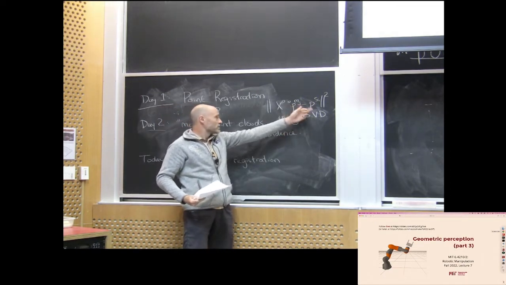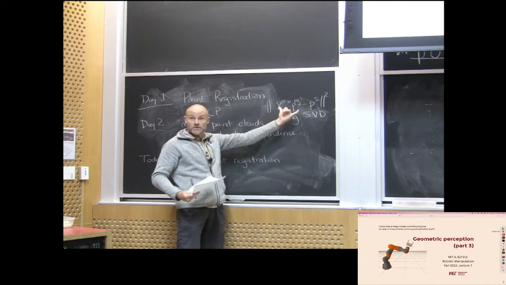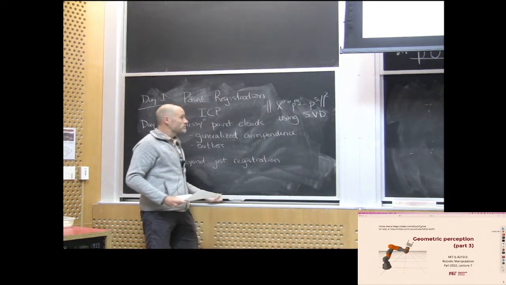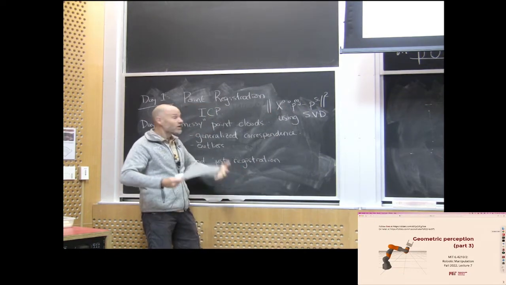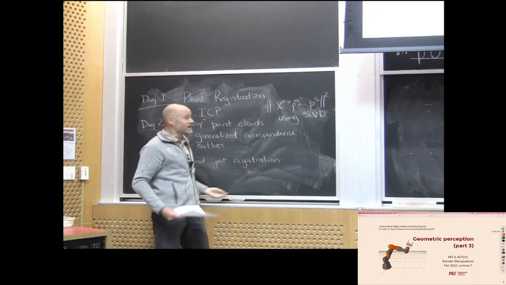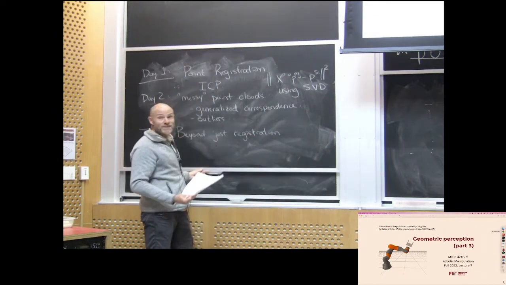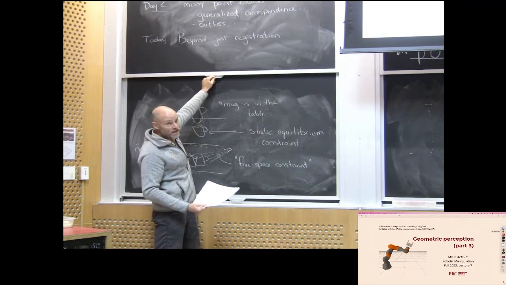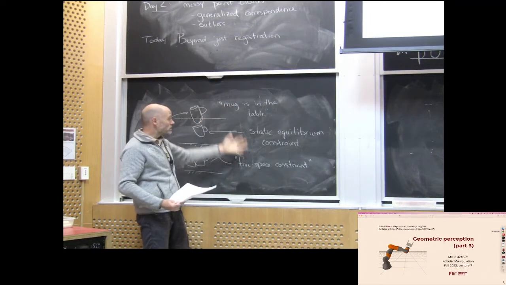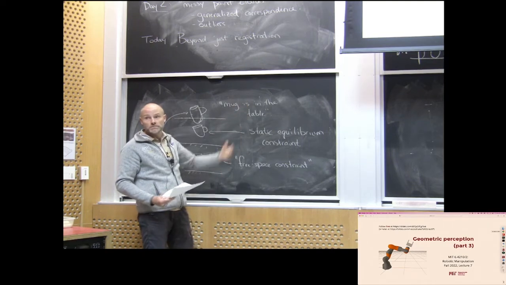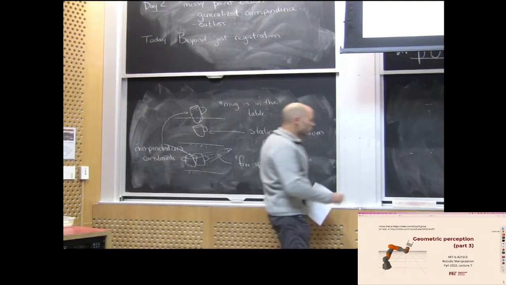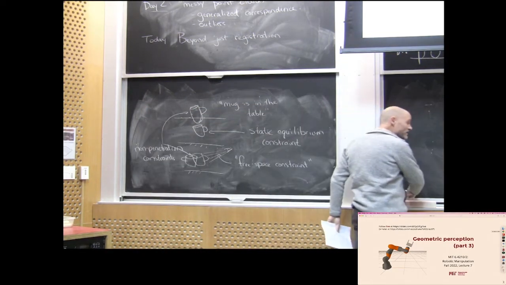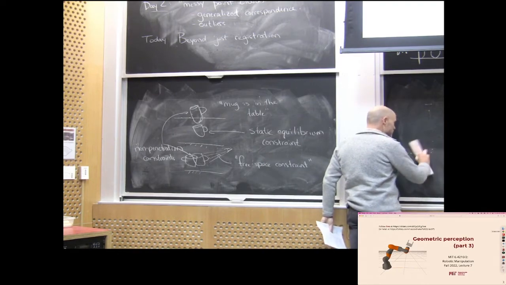You can give it noisy point clouds, it'll find the best effort, it'll solve this least squares problem. Every time you call it, it'll give you the same answer. It's good stuff. We're going to give up on that. We're going to have more approximate methods these days that will work sometimes, not always, but can handle a richer specification of problems.